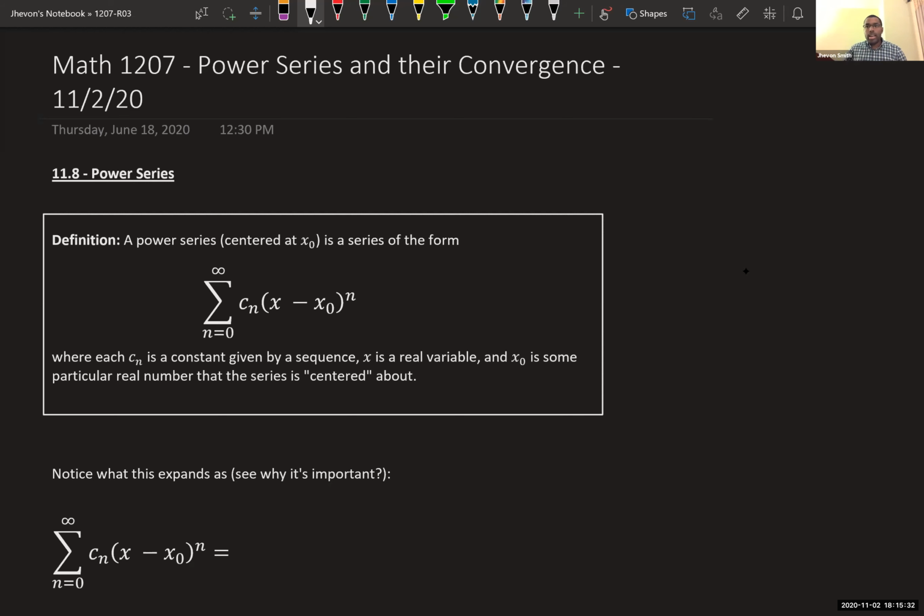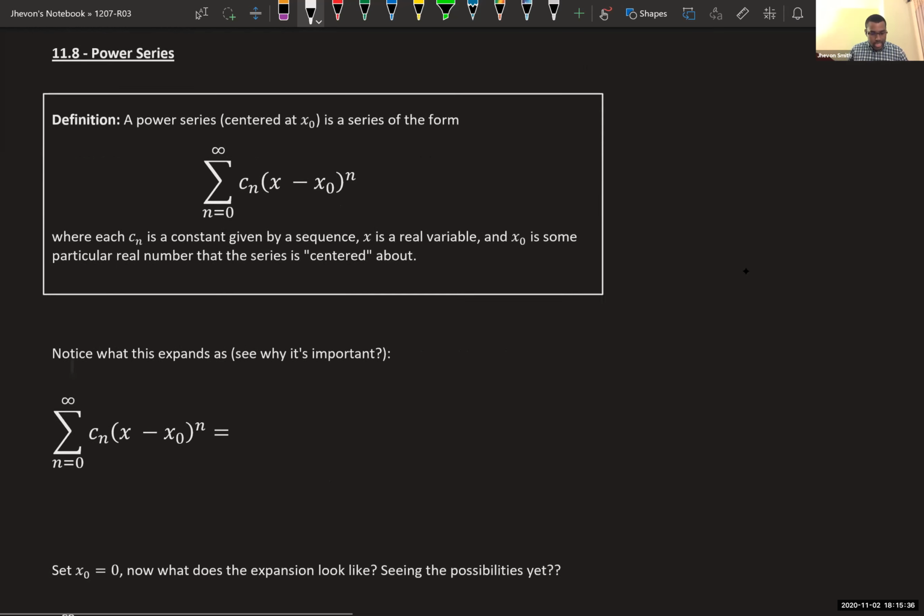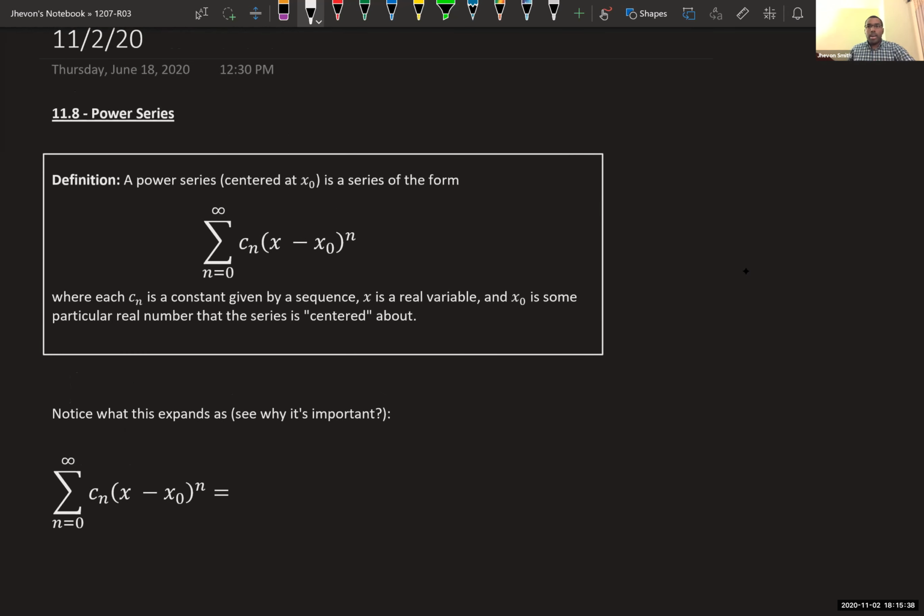Well, let me actually write out a few terms of what a series like this would look like, and then maybe you can tell me what you think this might be useful for, what it might look like. So notice here, if I plug in n equals 0, I would get C0. Okay, exciting.